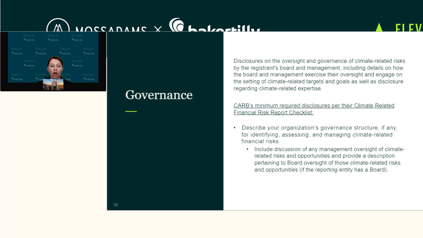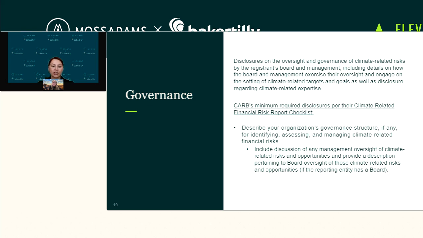So based on CARB's minimum reporting checklist that I mentioned, the minimum disclosure requirements for this governance section include describing your organization's governance structure, if any, for identifying, assessing, and managing climate-related financial risks, and discussing any management oversight of climate-related risks and opportunities, including a description of board oversight if the entity has a board.